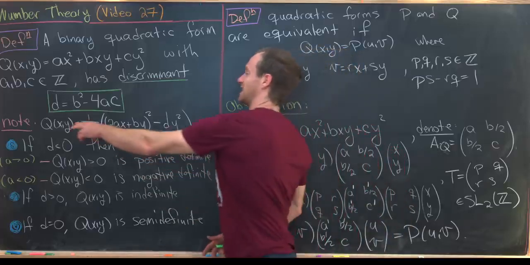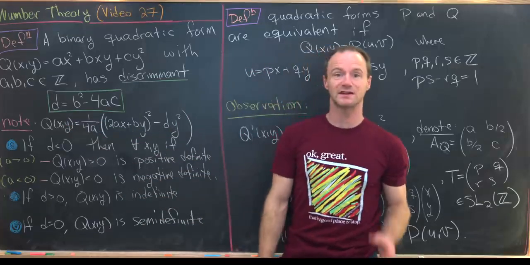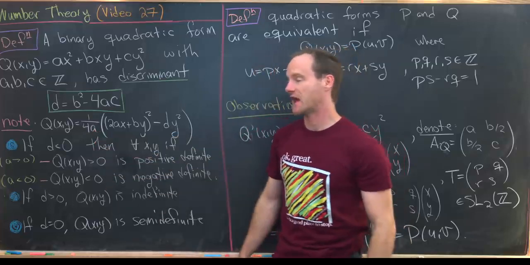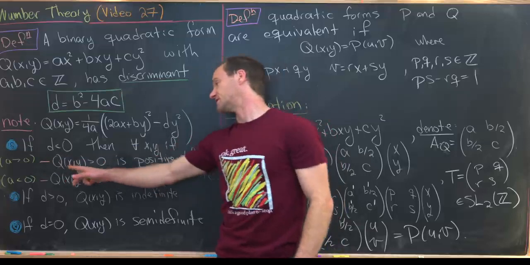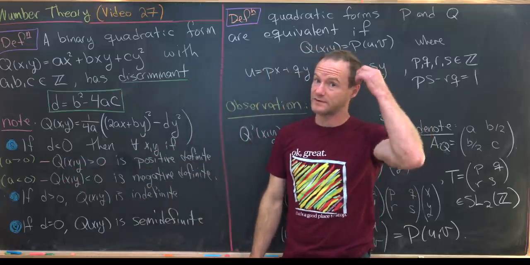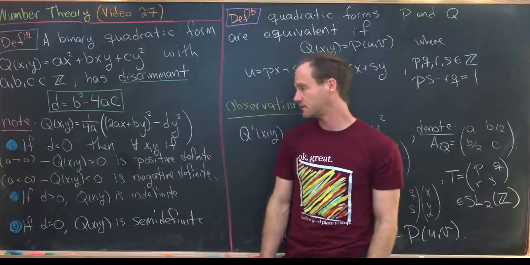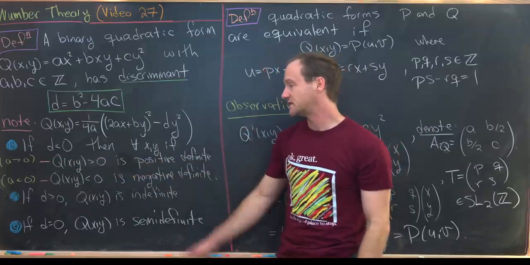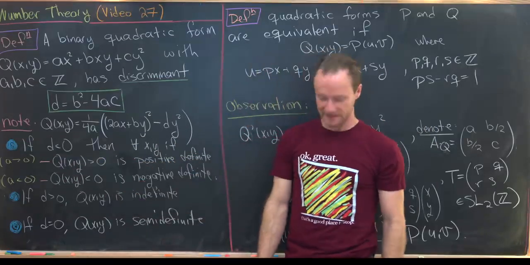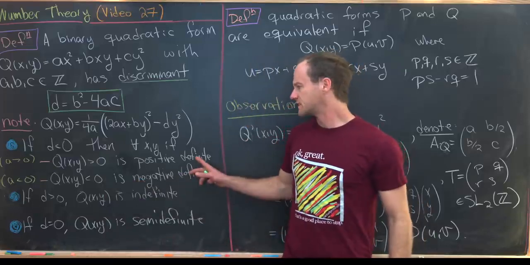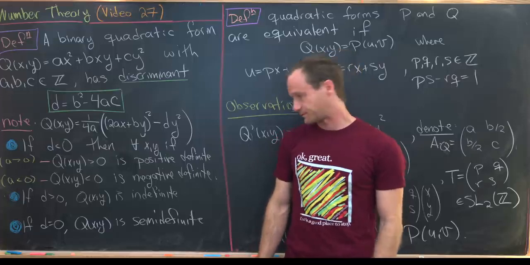So the sign of our quadratic form is completely determined, in this case at least, by the sign of a. If a is bigger than 0, then our quadratic form is always bigger than 0, and we say it's positive definite. And if a is less than 0, then our quadratic form is always less than 0, and we say it is negative definite. And those are mostly the cases that we're interested in.